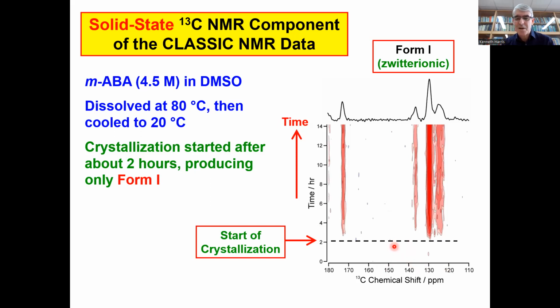It wants to crystallize, but it is just waiting for that favorable nucleation event to happen before the solid phase is produced. So we have this induction time before crystallization happens, but once crystallization does happen, we see the formation of form 1, and actually there's no polymorphic evolution in this case. Form 1 exists and simply grows in amount as a function of time during this process.